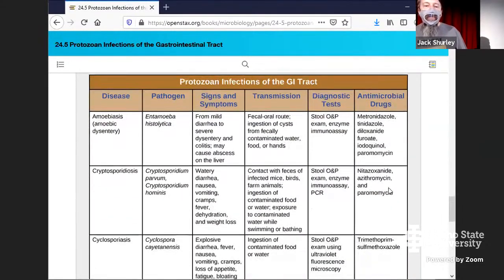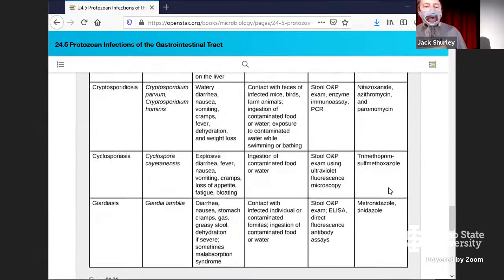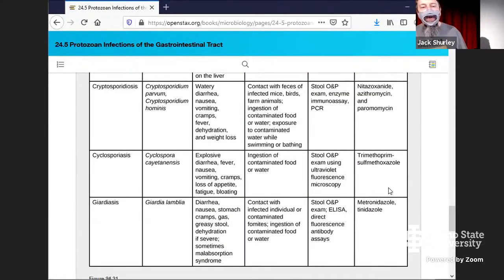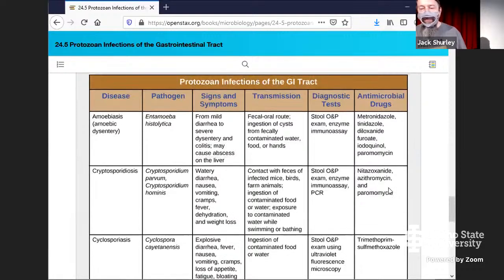All right, so some more protozoal diseases, and like I said, as we start with these parasites, I just love them, man. All right, we didn't see an image of our amoeba. Entamoeba histolytica causes amoebiasis or amoebic dysentery.